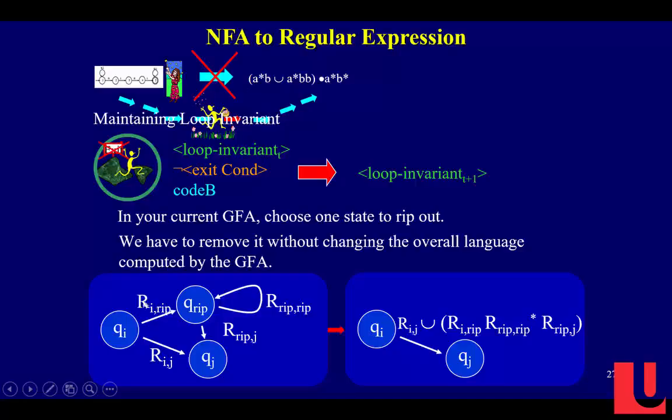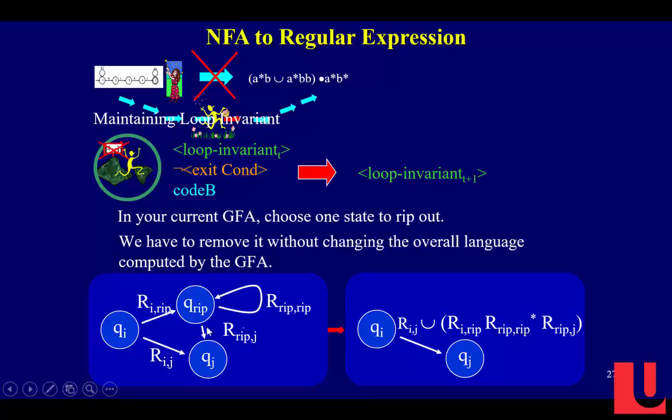And I gave these regular expressions names. If the gnome travels from here to here, then what it's reading from the input is any string expressed by that regular expression. Does that make sense?